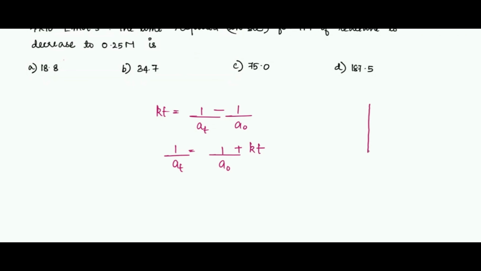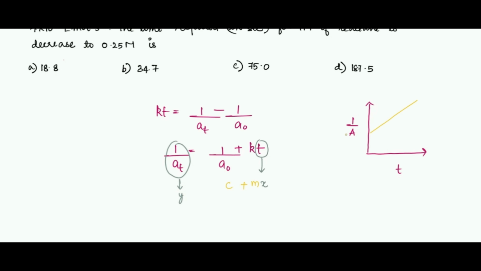So let's say I have a plot of 1 by A with T. Listen to this very carefully. This is my y-axis. This is my x-axis. When you have linear graphs in your plot, it is going to be y is equal to mx plus c.